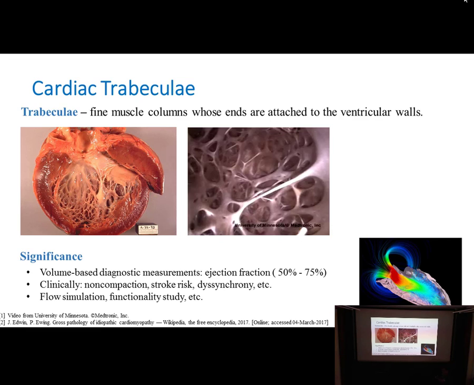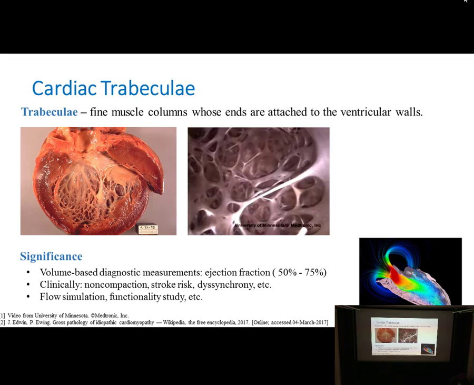The ratio of the volumes is called the ejection fraction. Basically, how much blood you are pumping out from your ventricle when the heart contracts. If the ratio is low enough, then you have trouble, because the blood is not well circulated.